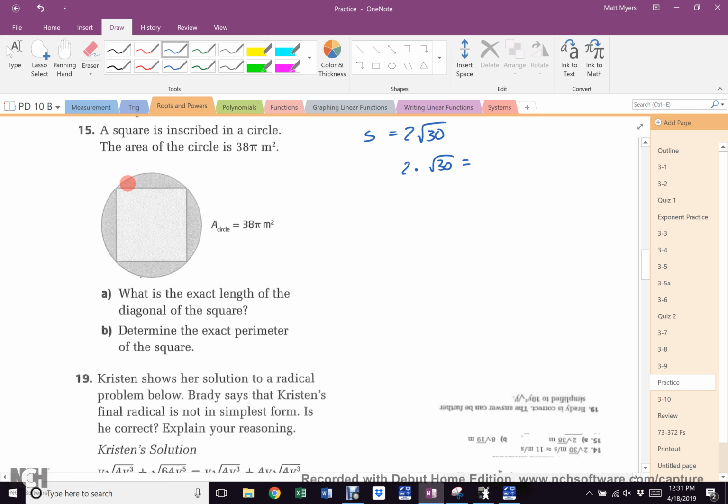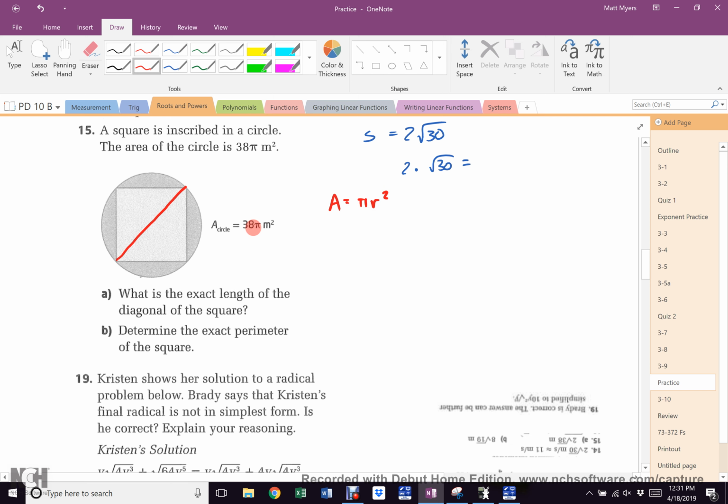The area of the circle is 38 pi meters squared, yes? I want the exact length of the square's diagonal. Isn't that the diameter? Right. And doesn't the area of a circle equal pi r squared?